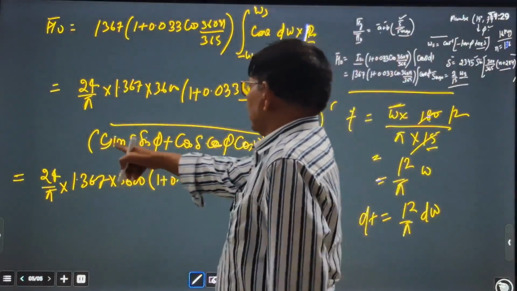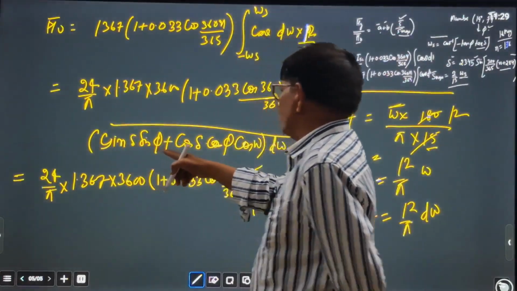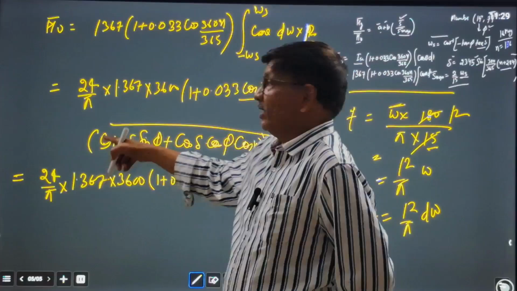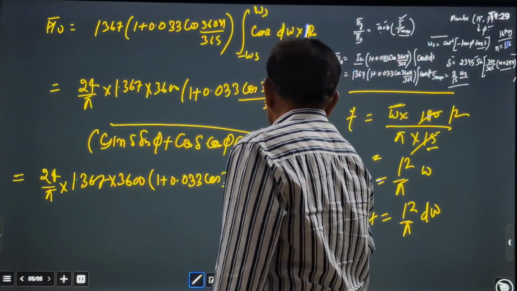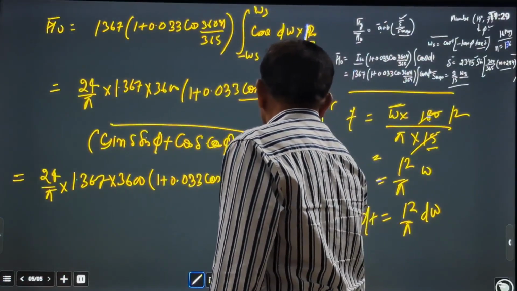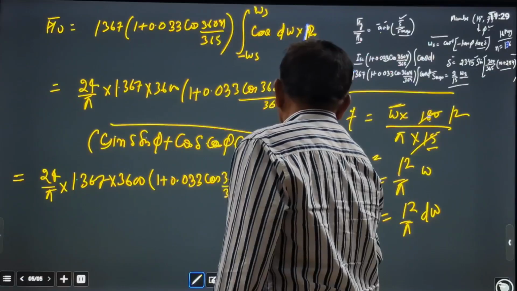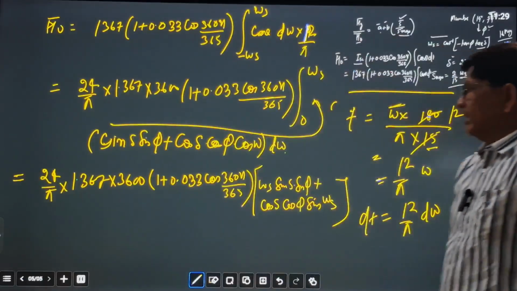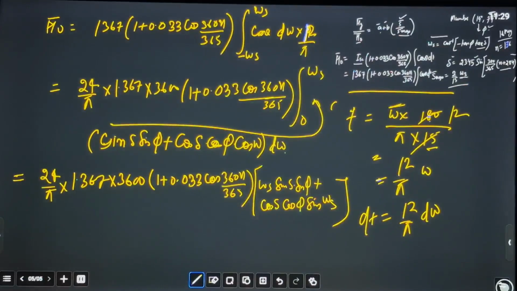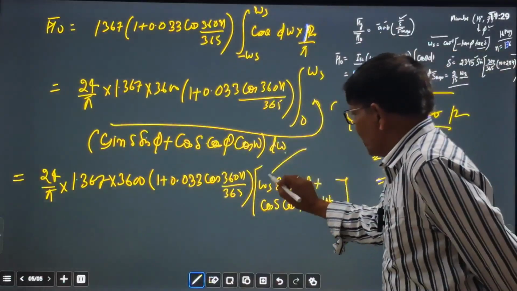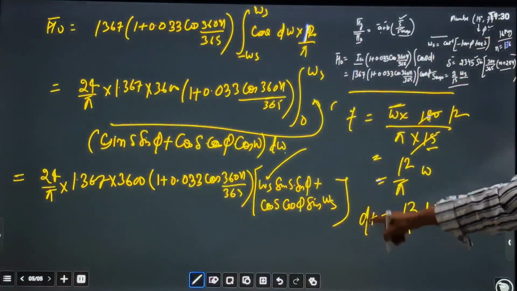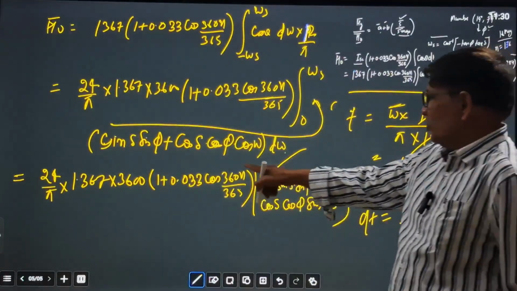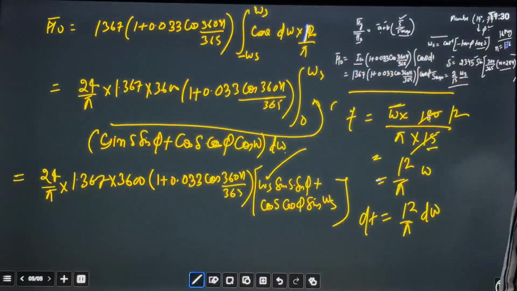Integration of this: sin del is not integrable, cos del is constant, and integral of d omega equals omega, and putting the value omega s, it becomes omega s sin del sin phi plus cos del cos phi sin omega s. The only thing we require is putting in all values. Here you have to put omega s in radians, the rest of the values in angles, and n will be equal to the day number, and putting all these values we can get H0.